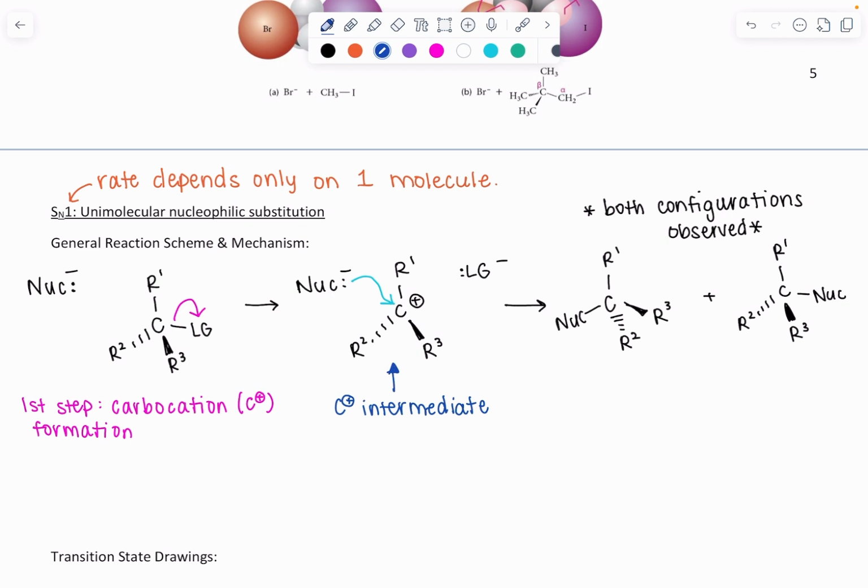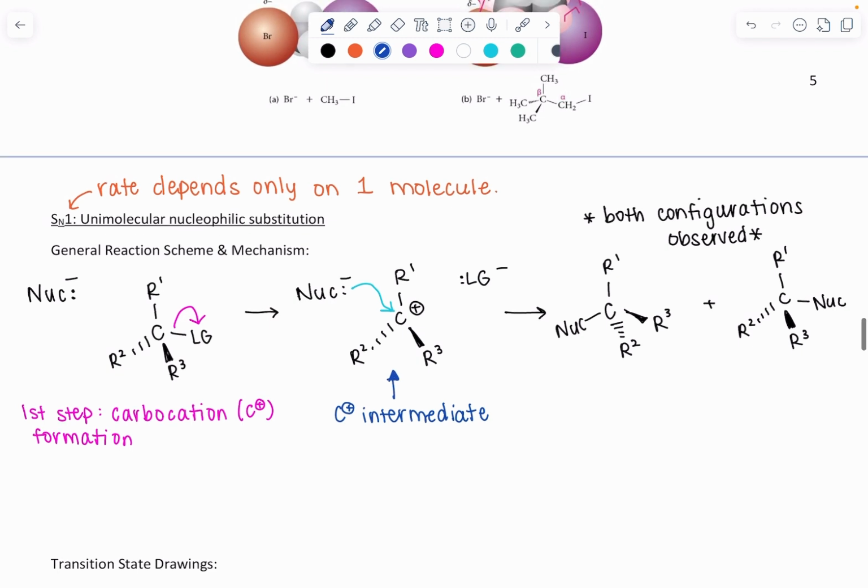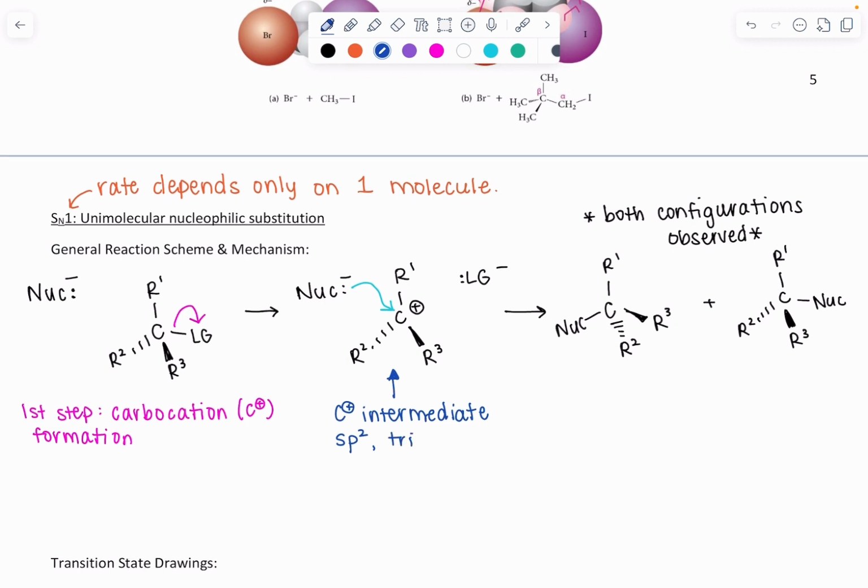Now, if we were in class, I would ask everybody, what's the hybridization or the molecular shape of the carbocation? Thinking back to Unit 1. Well, this carbocation has 3 electron pair domains. That means it has sp2 hybridization. All 3 electron pair domains are bonds, so it's trigonal planar.